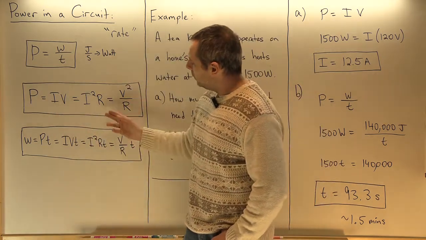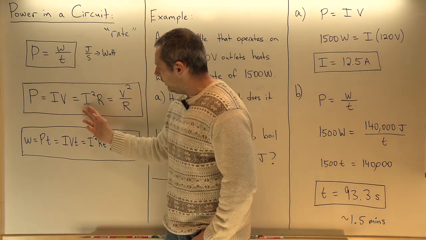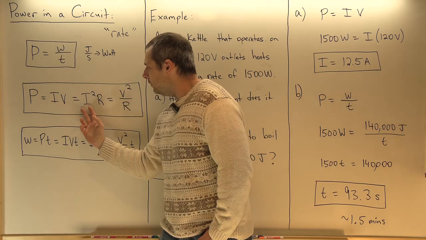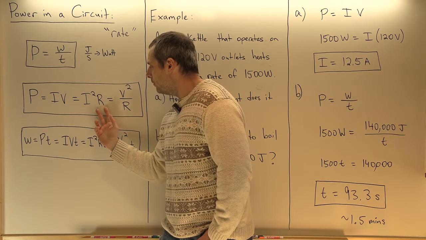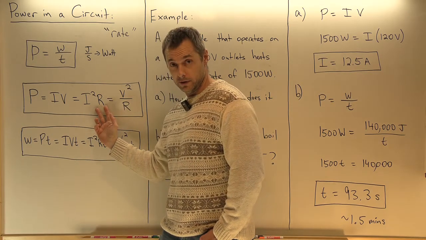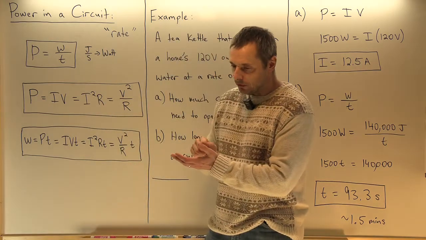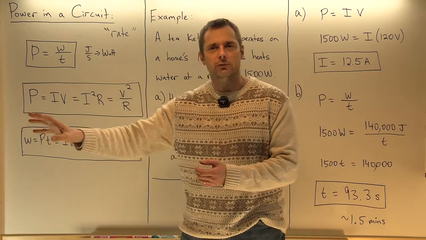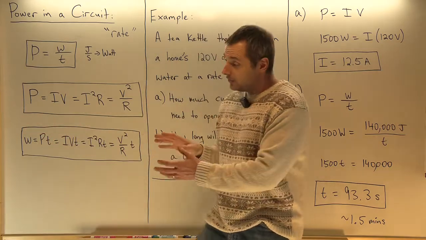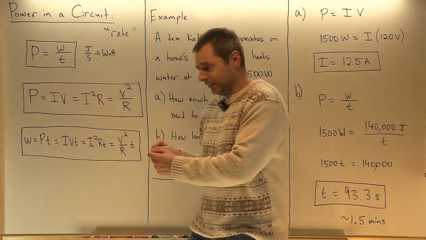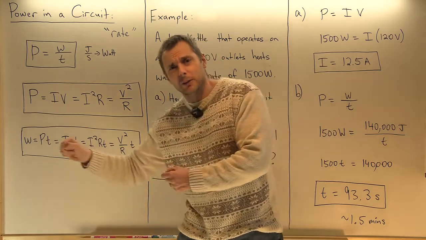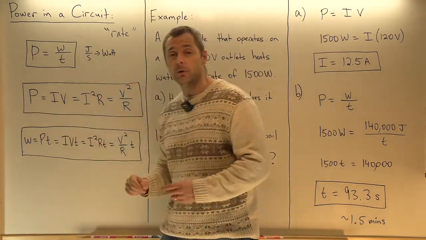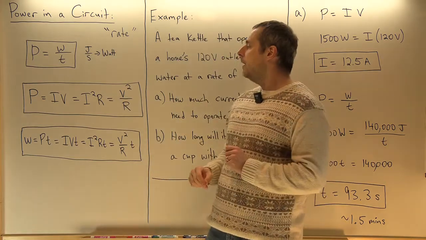This is an interesting one here, P equals I squared R. There are two ways to look at this. For a given amount of fixed current, the more resistance, the more power, okay? That makes sense. If I'm going to send, say, 1 amp into one wire, and it's very easy for that amp to flow, the wire won't heat up much. But if I send 1 amp into another wire, and there's a lot of resistance, the electrons are going to collide with a lot of atoms along the way, so that wire is going to heat up, because more resistance, more power for a given current.